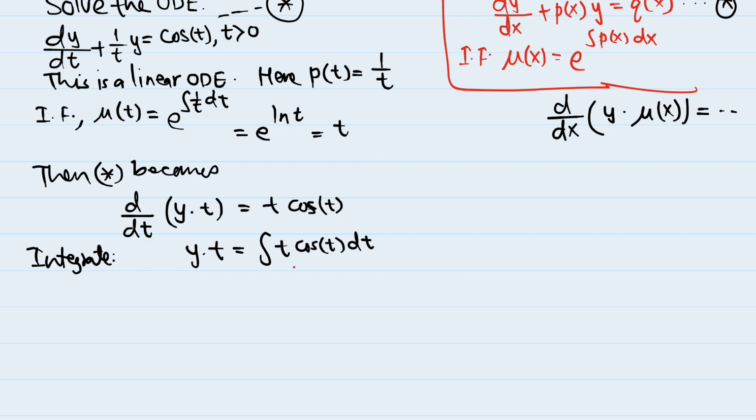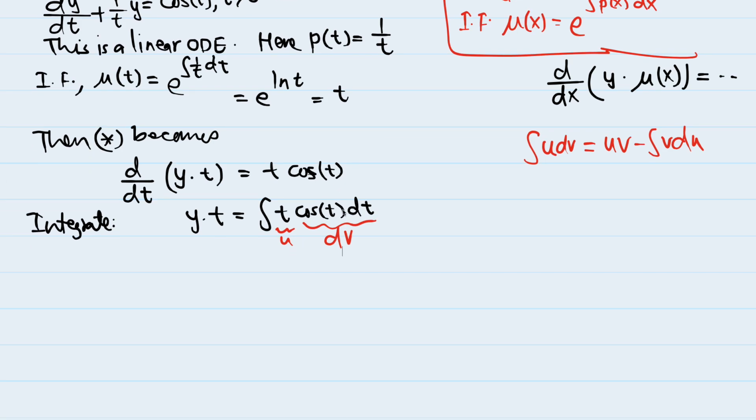That means to integrate, we need to use integration by parts. What is that? When we have the u dv form, then when we integrate, that is uv minus the integral of v du. As an algebraic function, this t is our u and everything else is dv. So we have it in this form, and then this is how we finish this problem.